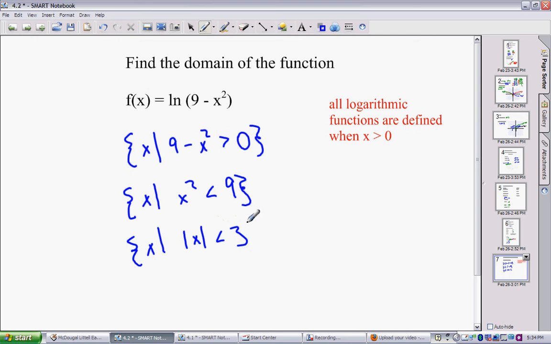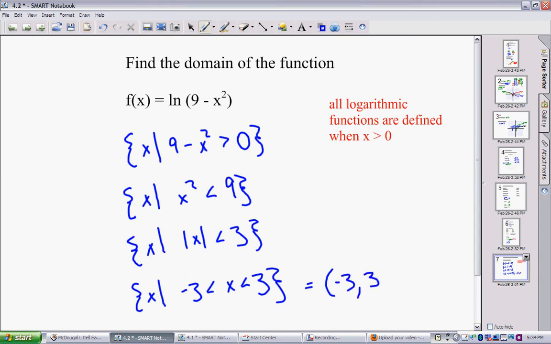Because we're going to have two answers, negative 3 and positive 3. And we're going to express that in the next line. x is defined when negative 3 is less than x is less than 3. So we write it in interval notation from negative 3 to 3.